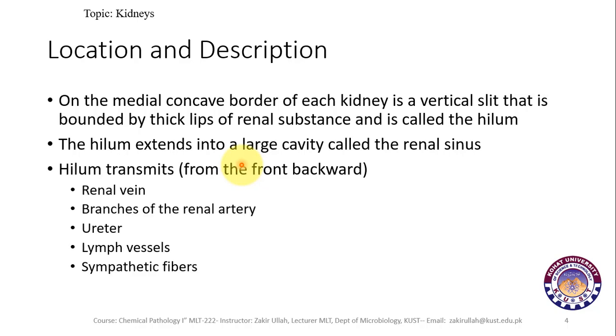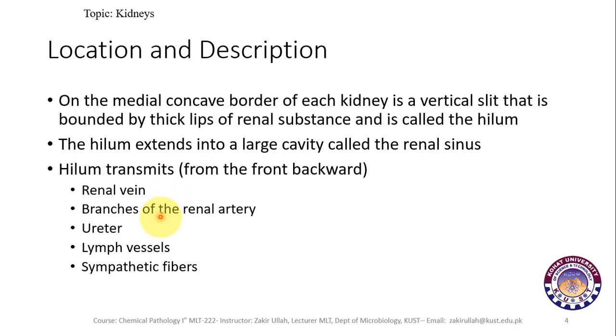And this hilum transmits, if we go from the front to the back side of the body, first the renal vein that comes out of the hilum, and then the branches of the renal artery.